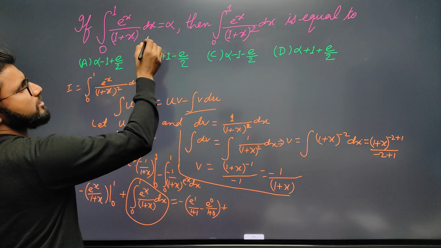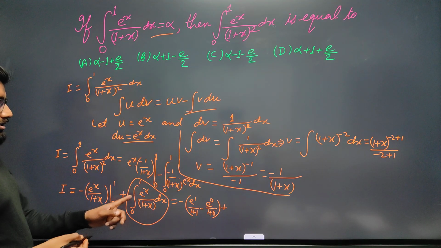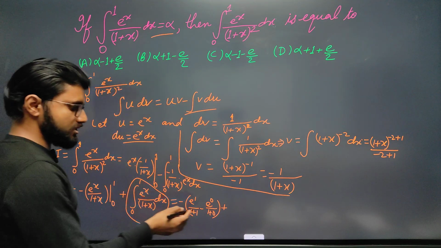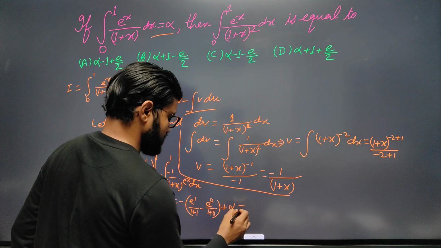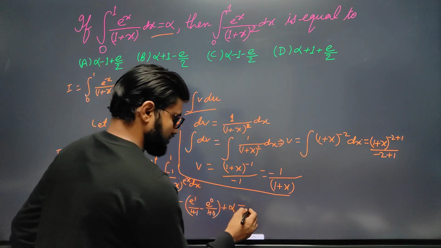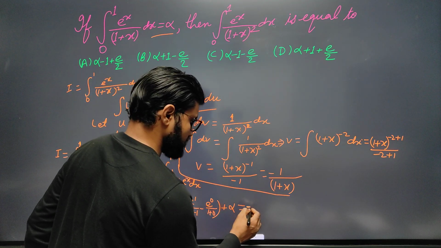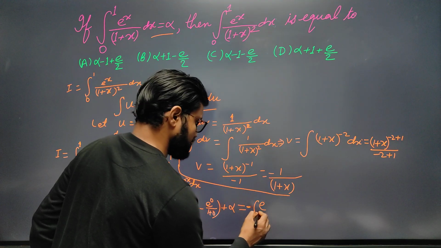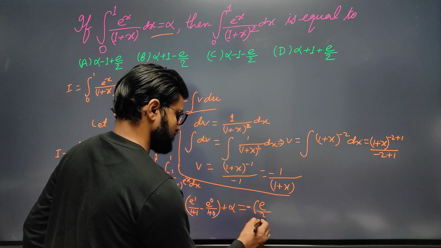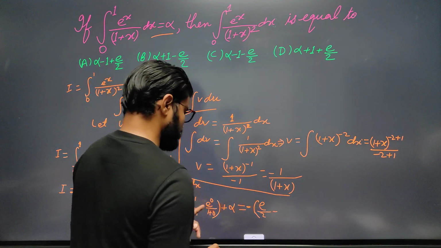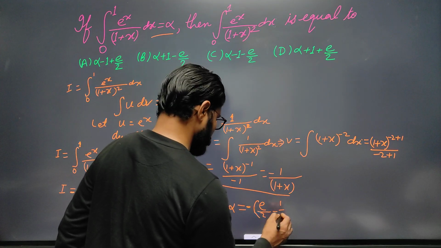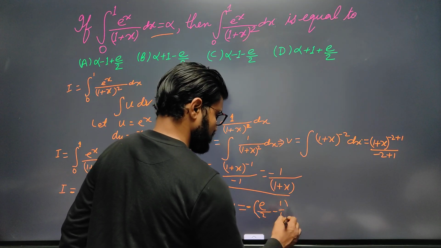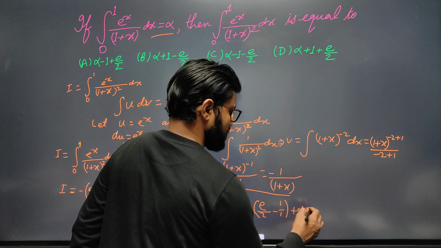The value of alpha is already given as the integration from 0 to 1 of e to the power x upon 1 plus x dx. So it becomes minus of e upon 2, minus e to the power 0, that is 1 upon 1 plus 0, which is 1, plus alpha.